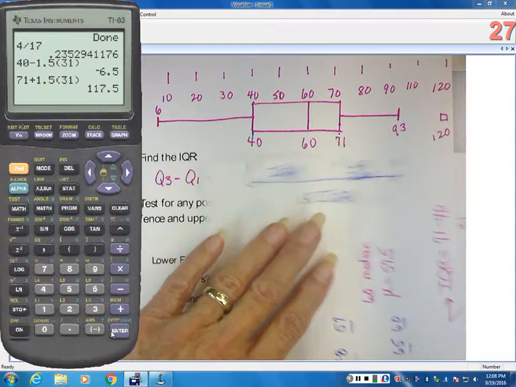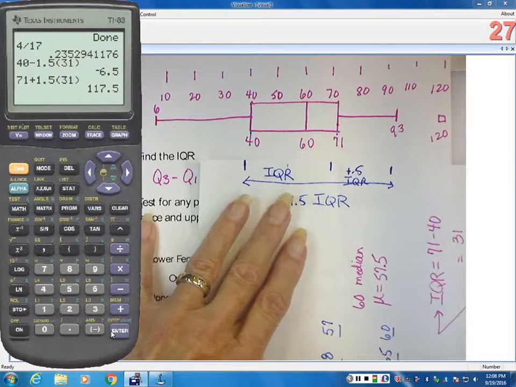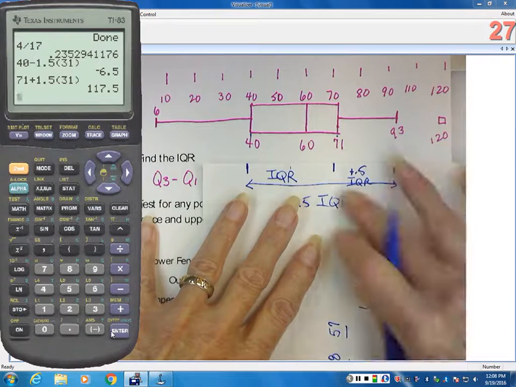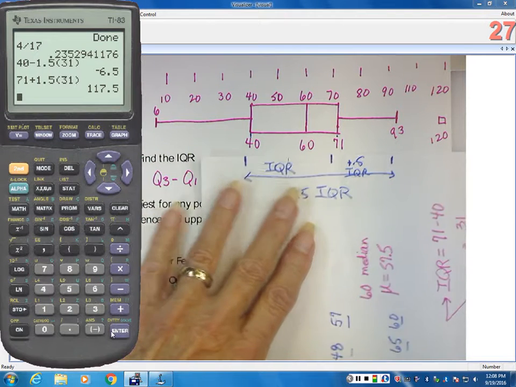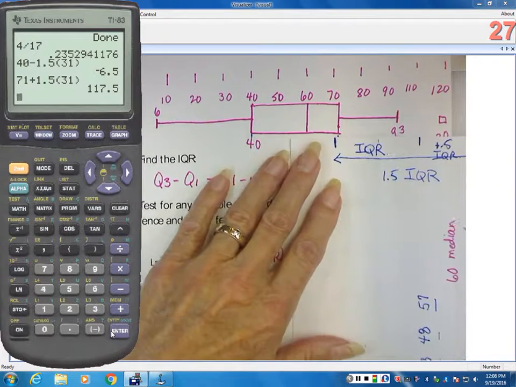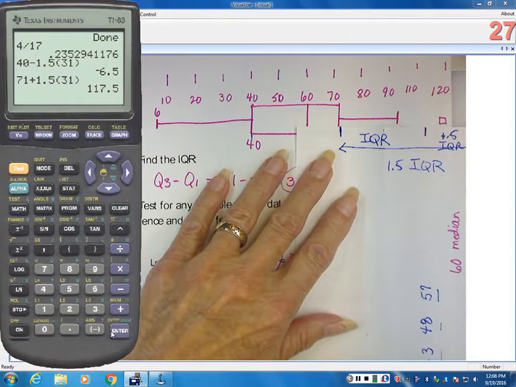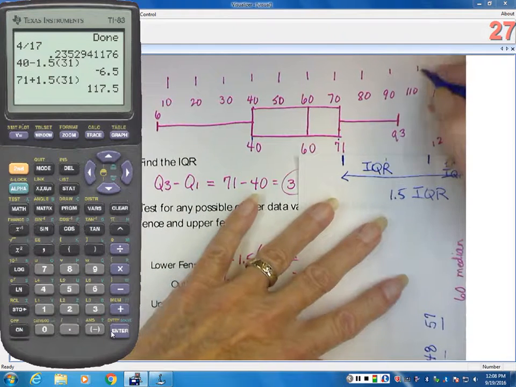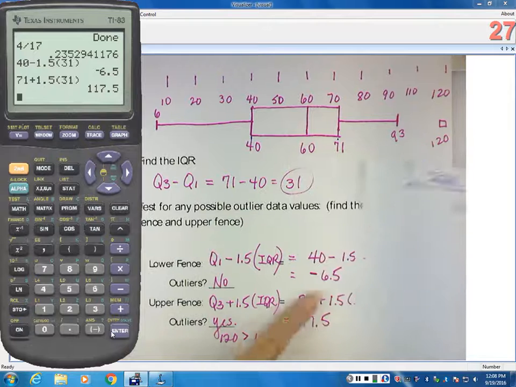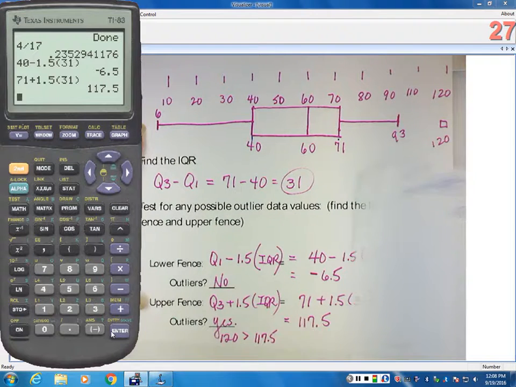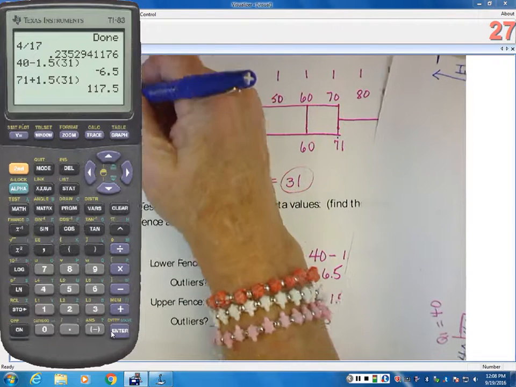Okay? So when I do that, I think I might be a little bit off because I think I folded that a little bit badly. But when I do that, what I'll see is that my bottom fence is at negative 6.5, so it's going to be way down here.